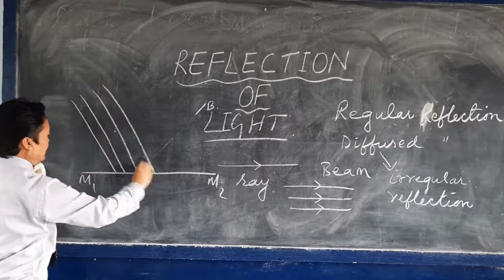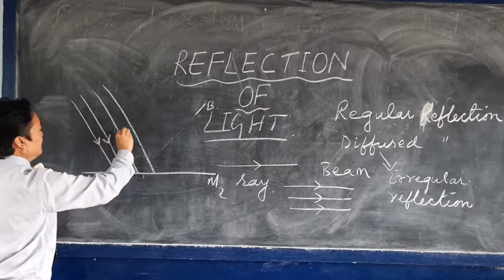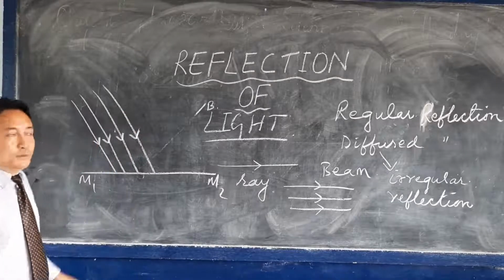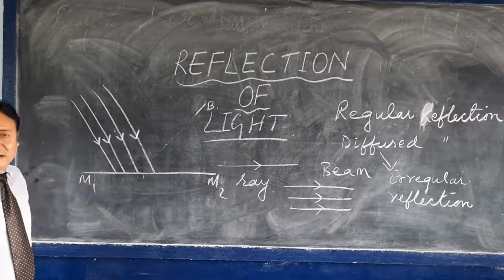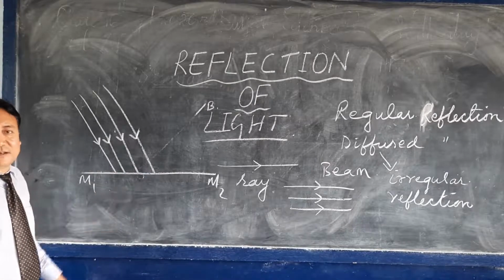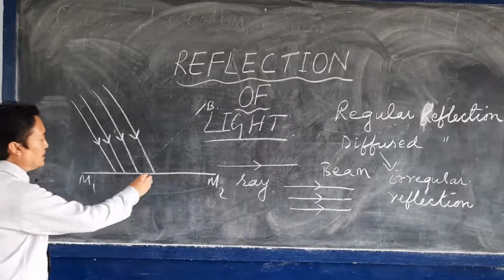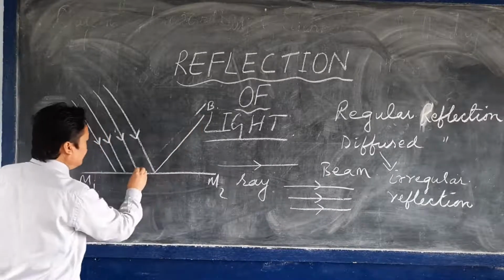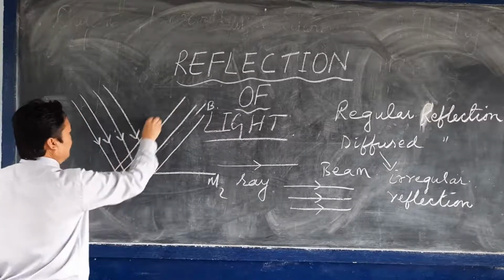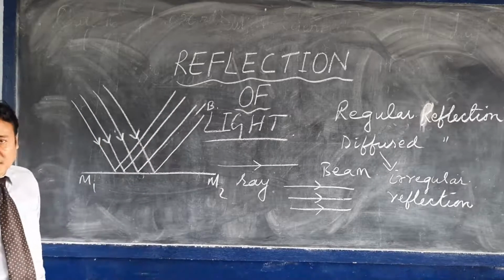These are the beam of light coming from the source, and beam means the collection of rays of light. When a beam of light falls on the reflecting surface, after striking that surface, it will be reflected back in the same direction.